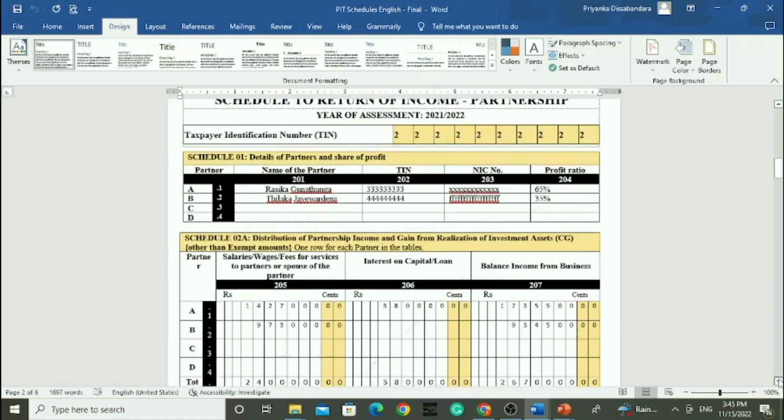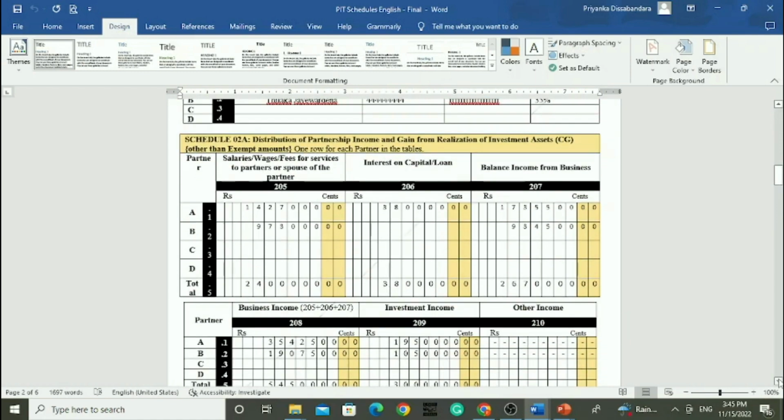Then you have Schedule 2A. Schedule 2A is to distribute the partnership income and gain from realization of investment assets. In this schedule, you have to include salaries and wages paid to the partners. Partner A will be Ms. Rasika and partner B will be Ms. Tilaka.